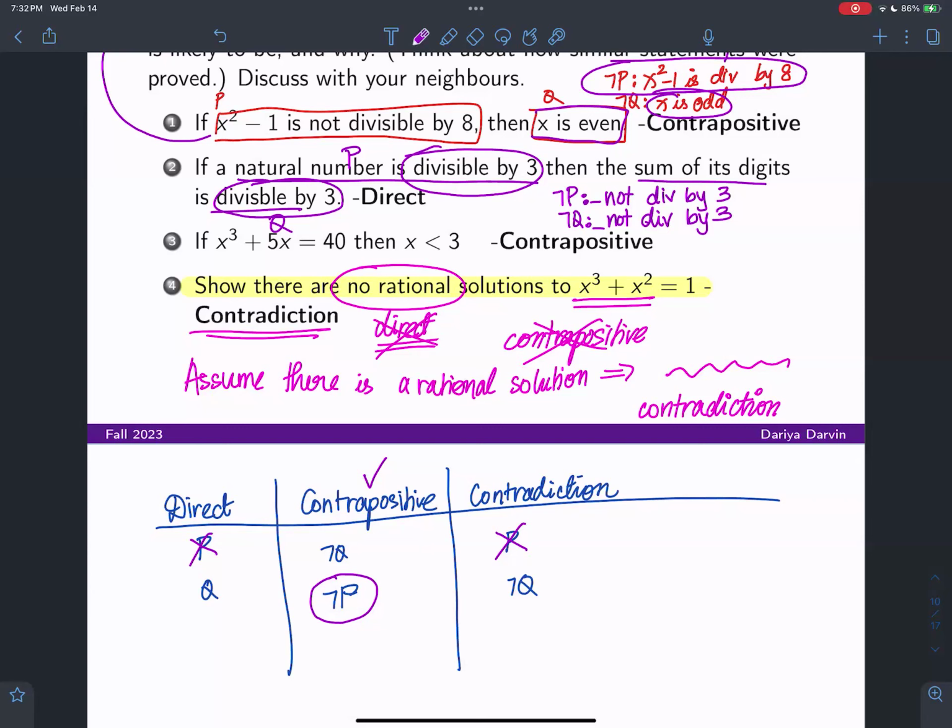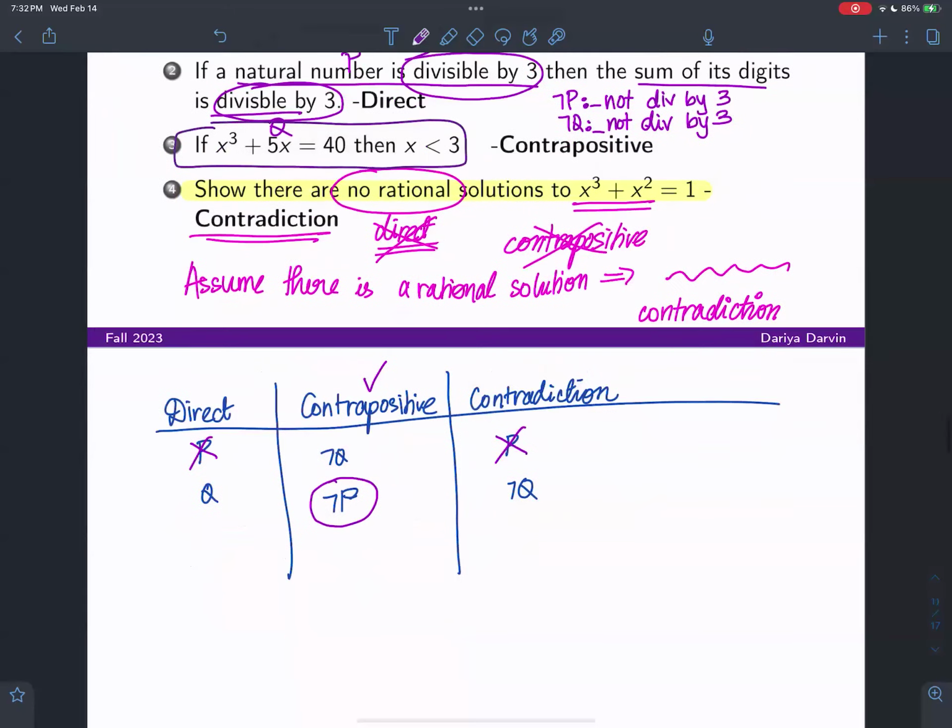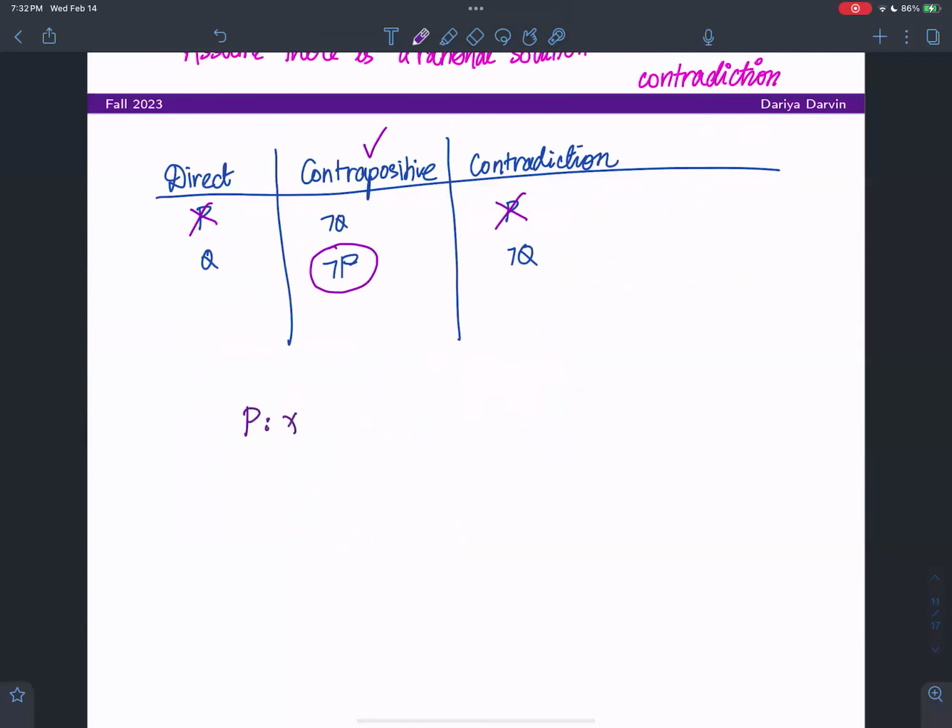If you look at question 3, this is going to go slightly opposite. My P is x cubed plus 5x equals 40. My Q is x less than 3. My not P is x cubed plus 5x is not equal to 40. My not Q is x greater than or equal to 3.